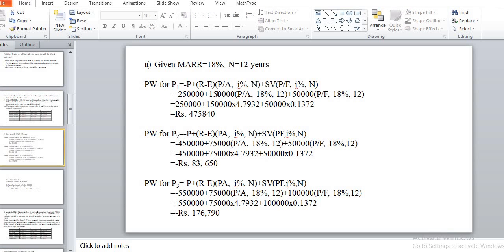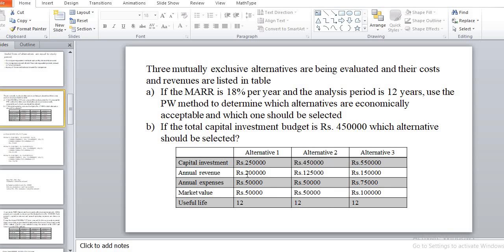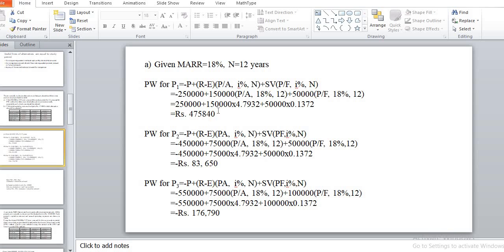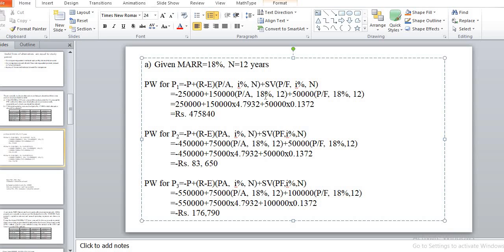Revenue minus expenses: revenue is 2 lakh, expenses are 50,000, so revenue minus expenses comes to 1,50,000. That difference is considered here, with an interest rate of 18%, the MARR value, for a time span of 12 years. So the 12 year lifespan is put here.